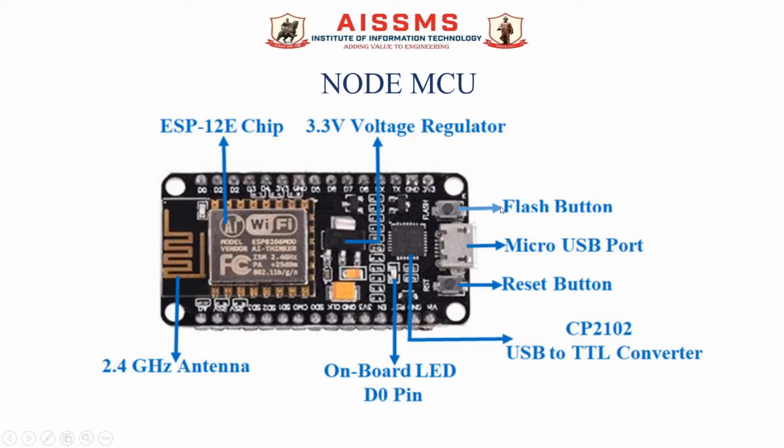There is a flash button and reset button which are used while uploading the code, and a micro USB port is available. Here there is an onboard LED pin which is connected to D0, a pin of this input output.